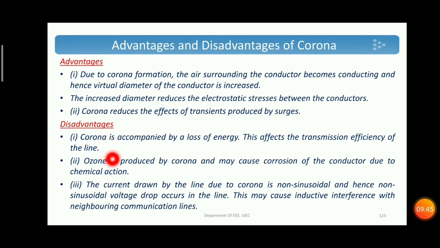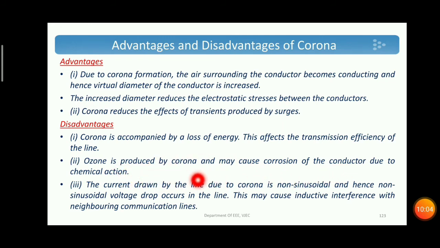The main disadvantages are that corona is accompanied by loss of energy. This reduces the transmission efficiency, and it also produces ozone and may cause corrosion of the conductor due to chemical action.